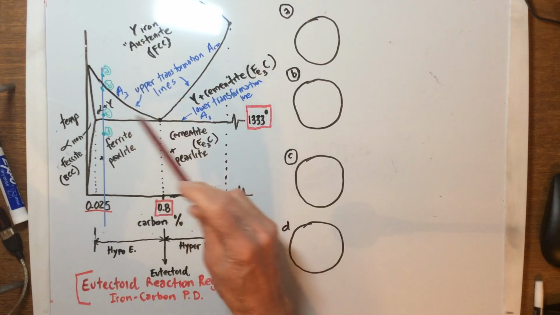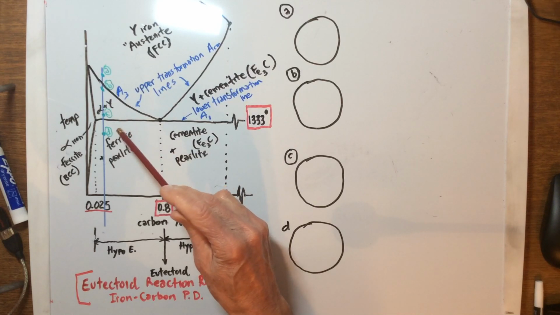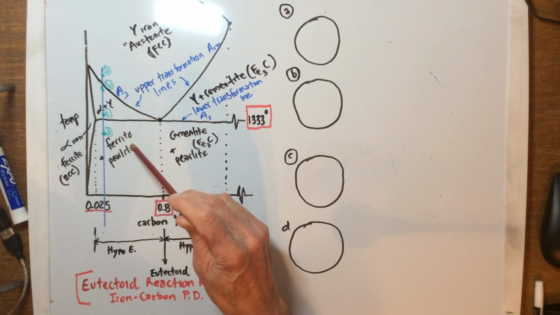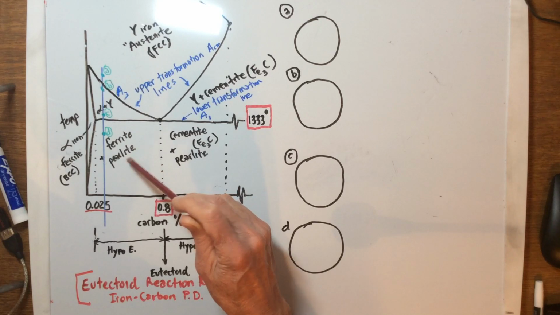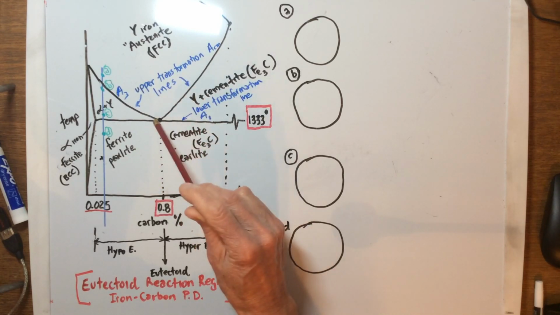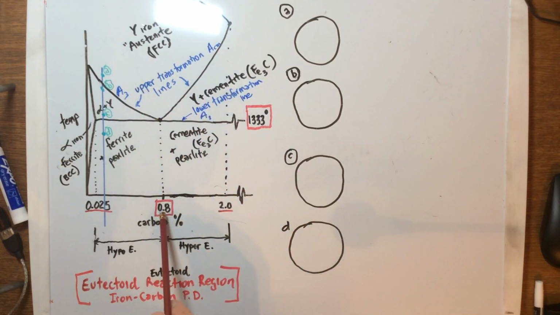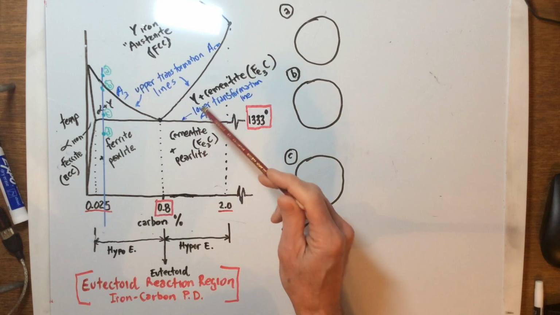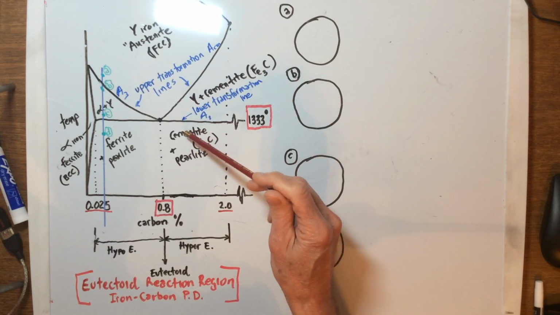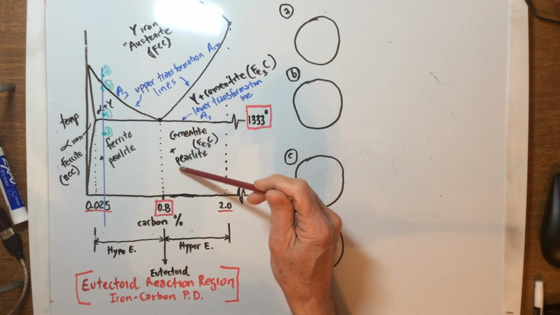Depending upon where you are, it'll be decomposing either into ferrite plus that mix we call pearlite, or if it's to the right of this eutectoid composition, which is at 0.8, then it'll decompose into cementite and pearlite.